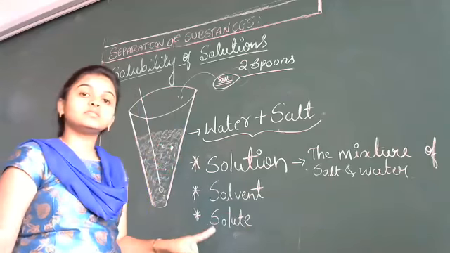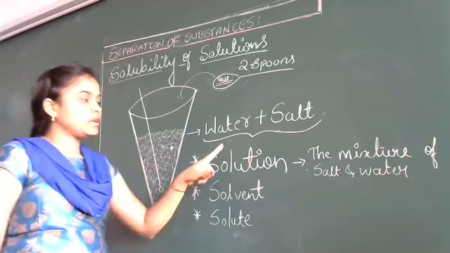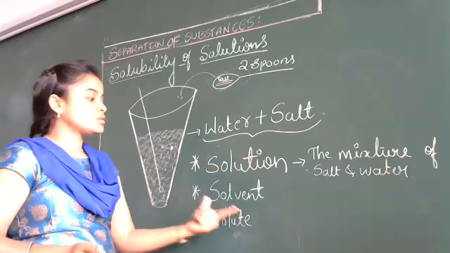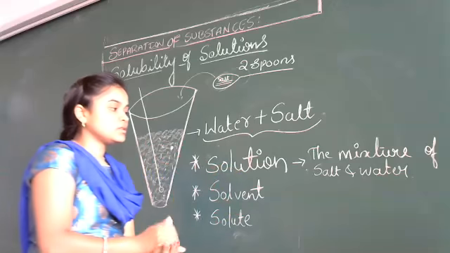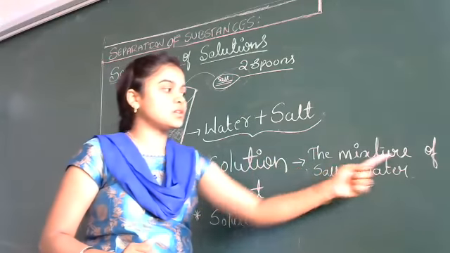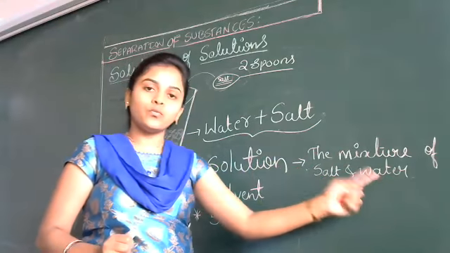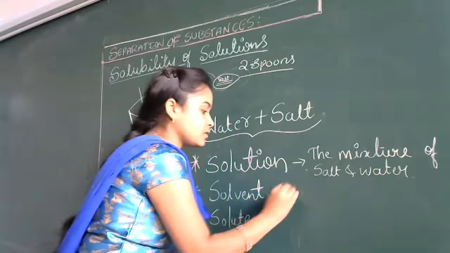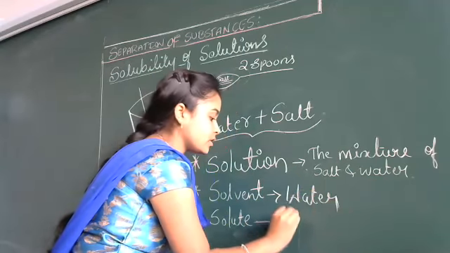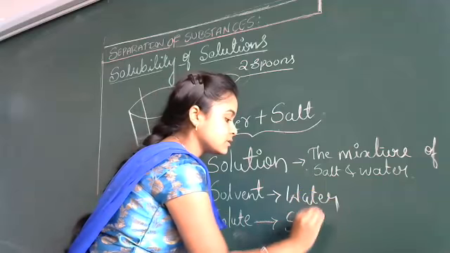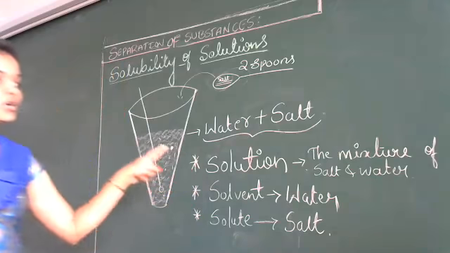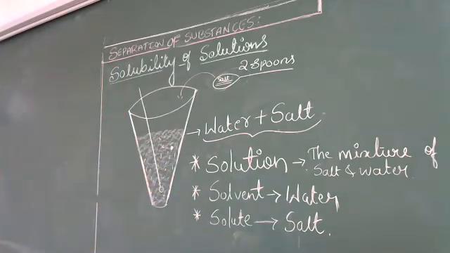What is it called? Solute. Now the three words you should remember here are solution, solvent and solute. Solution is the mixture of salt and water. Solvent here is water, and solute here is nothing but salt. So these are the three terms you should remember.